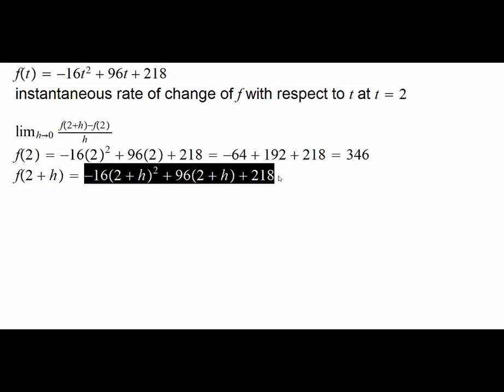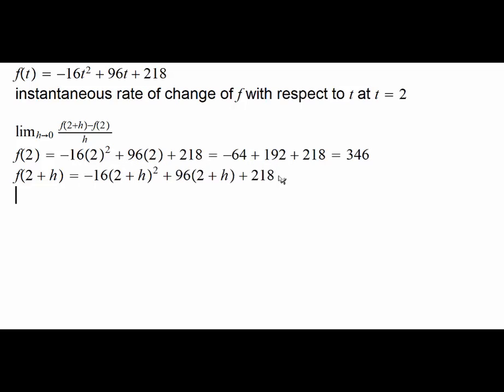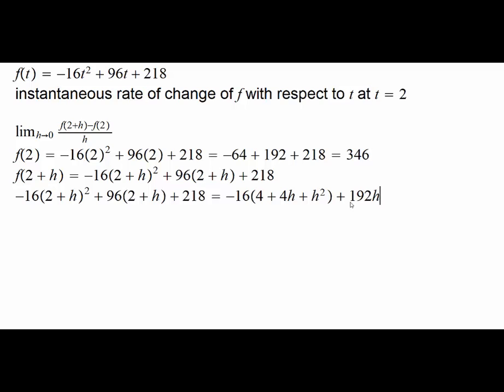And if we go ahead and simplify it, we have negative 16. Then for (2 plus h) squared, if we go ahead and FOIL it, this will be 4 plus 4h plus h squared, plus 96 times 2 is 192.